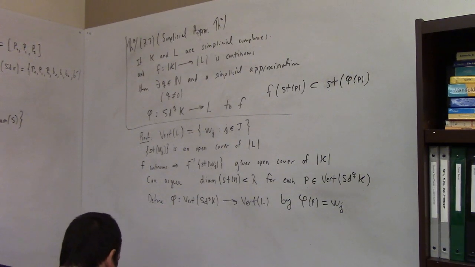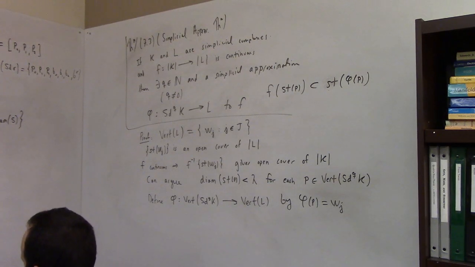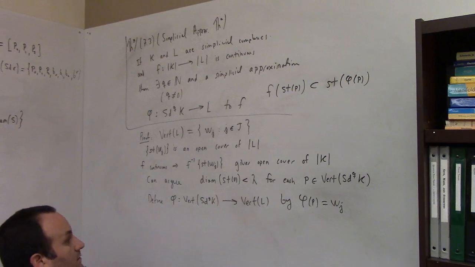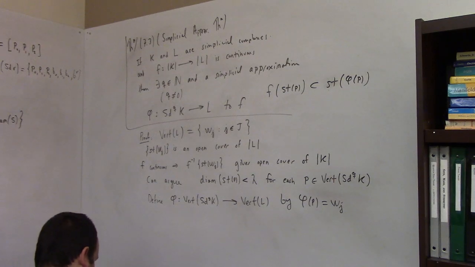So we're defining phi on where's phi going to be? Does that define it? I mean, that's if you define it on the vertices. Oh, I guess I should keep going, huh?